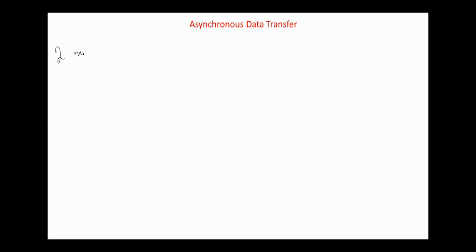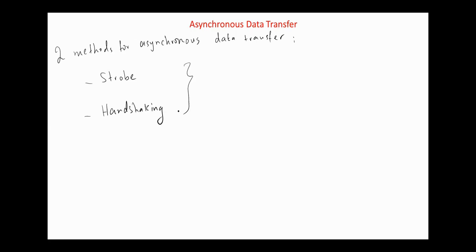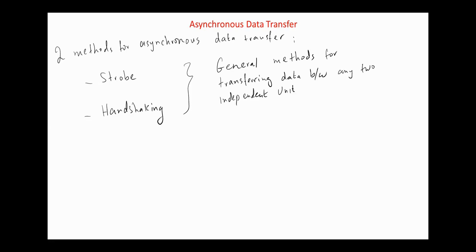There are two methods for asynchronous data transfer. The first is the Strobe, and the second is known as Handshaking. And really, these methods are used not only for I/O transfers, but they are general methods for transferring data between any two independent units.